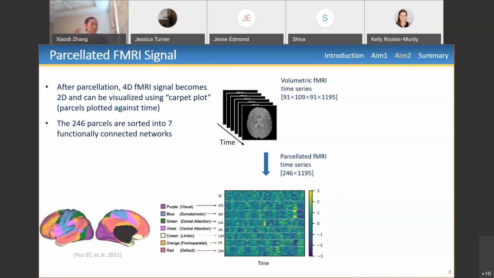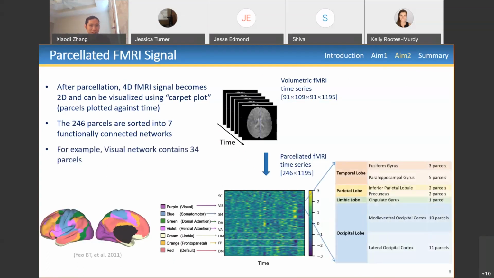It's located in the back of your brain, and this figure allows you to go back to the original brain space. You can see the visual network consists of several lobes and gyri. So I think this is a very nice representation.